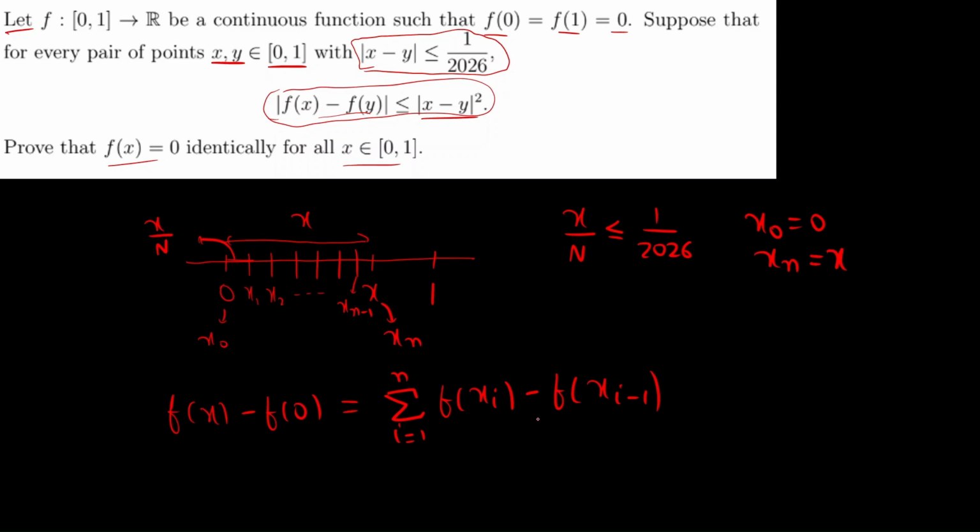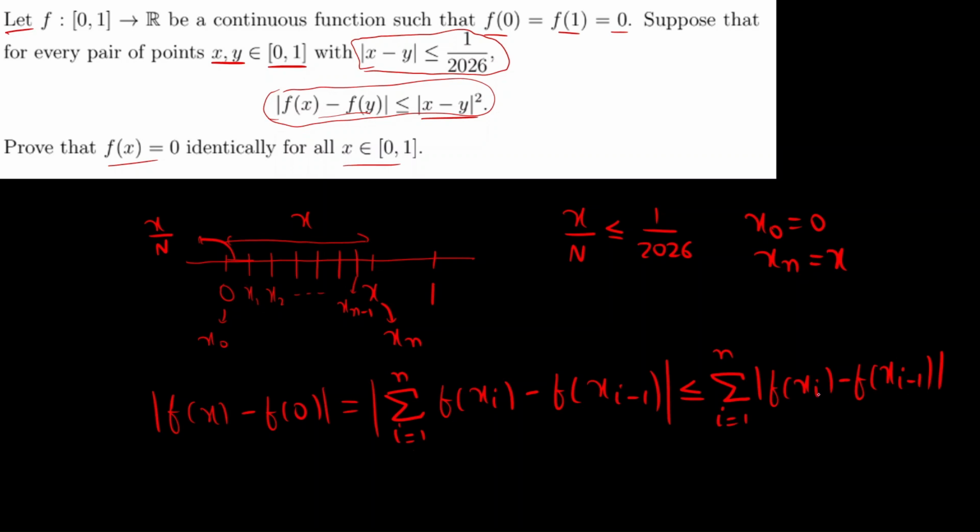Now this is nothing but an obvious statement. Now I'll take modulus on both sides. Now if I apply the triangle inequality for this modulus, I can take the summation sign out, i equal to 1 to n, and I will put the modulus inside, f of xi minus f of xi minus 1.